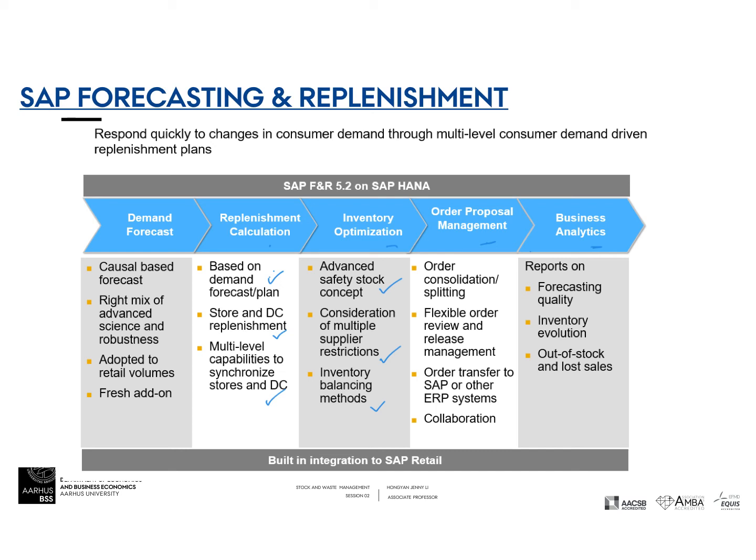You need to consider order transfer to the information system or other ERP systems, and then collaboration should be considered, and the business analytics need to keep records about the forecasting quality, inventory evolution, out of stock, and lost sales. This is more or less performance management.